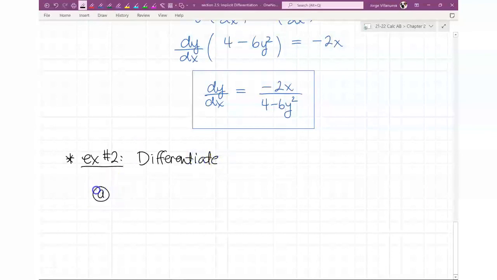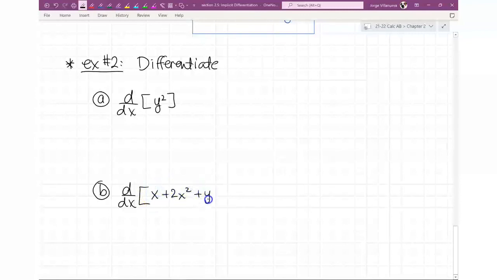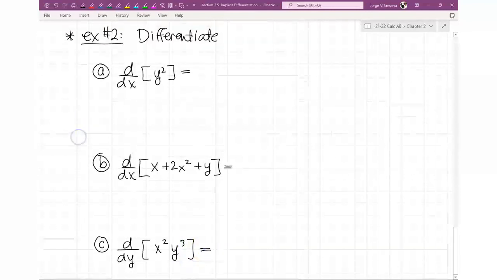And the first one is going to be... I want you guys to do these on your own, or consult a neighbor if you want. And here's one more. All right, so I'm going to pause this, give you guys some time, okay?